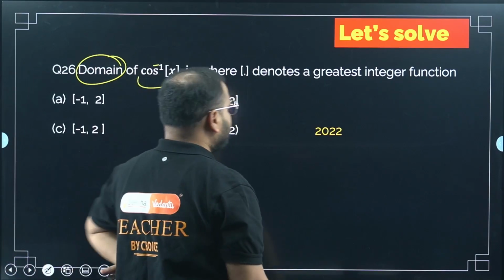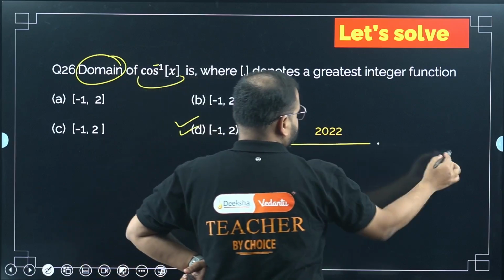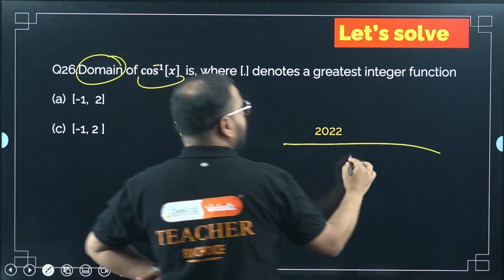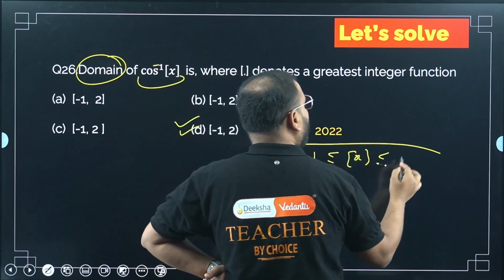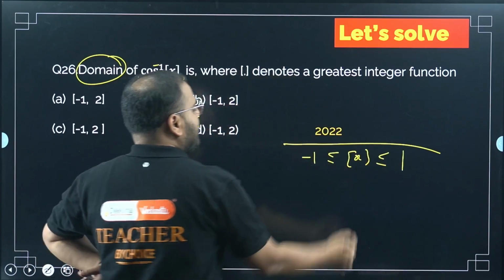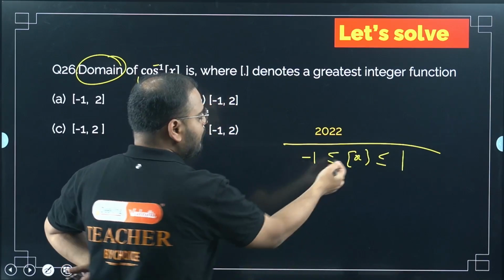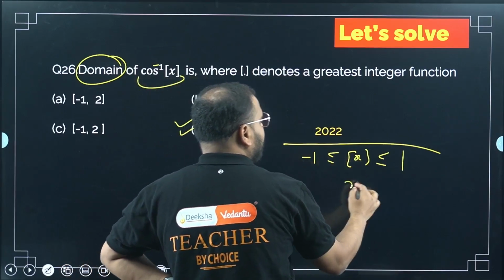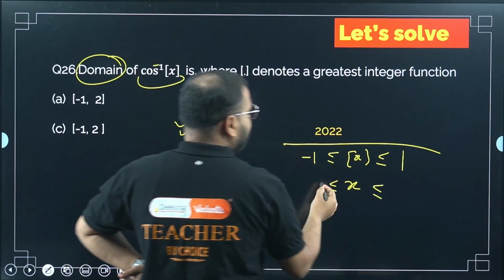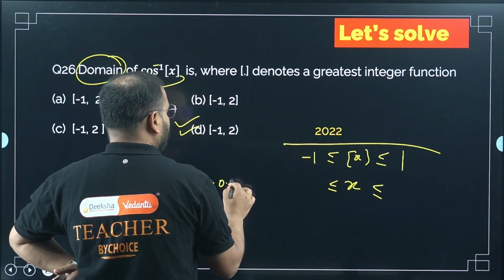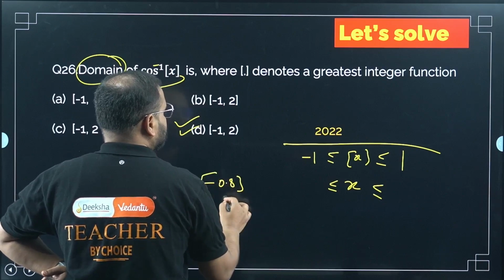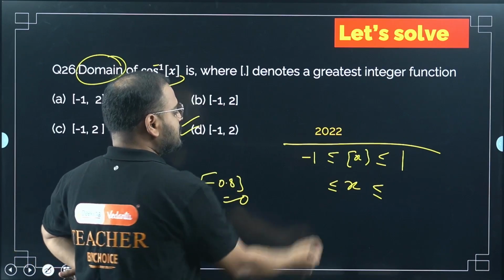How will the domain look like? Remember this? So basically we know that cos inverse will have the value minus 1 to 1. But if I'm looking for the value only for x, please check for x. If I take minus 0.8, what is the GIF? It is minus 1, lying at this point.